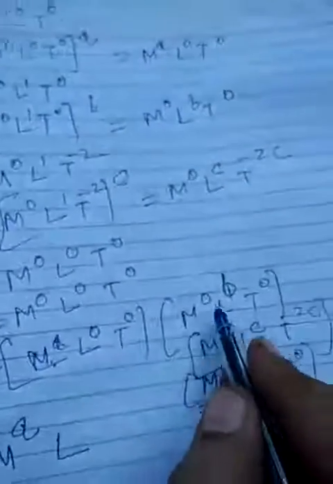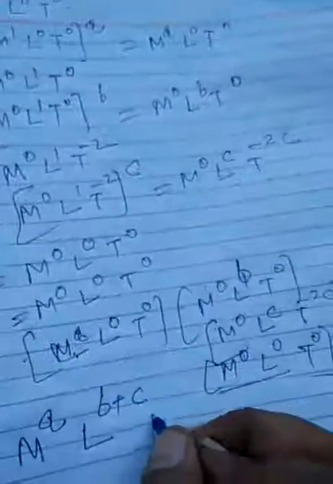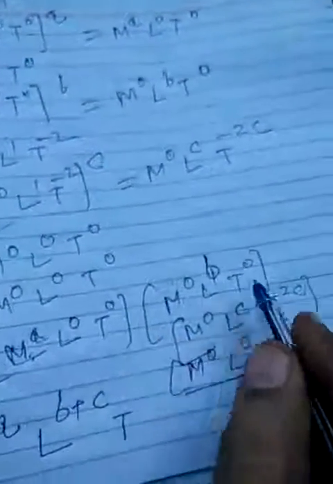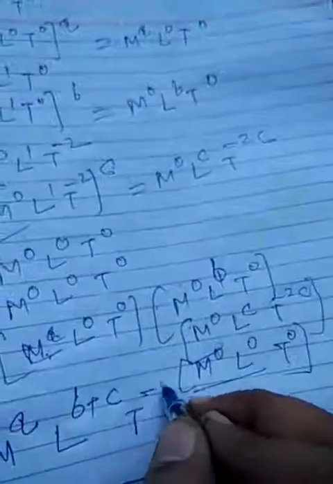And fourth part is m0, l0, t0. Now we will club the four parts. For mass, we can write m raised to the power a. For length, l raised to the power b plus c. For time, it will be t raised to the power minus 2c. So now we have the dimensions for the right hand side.